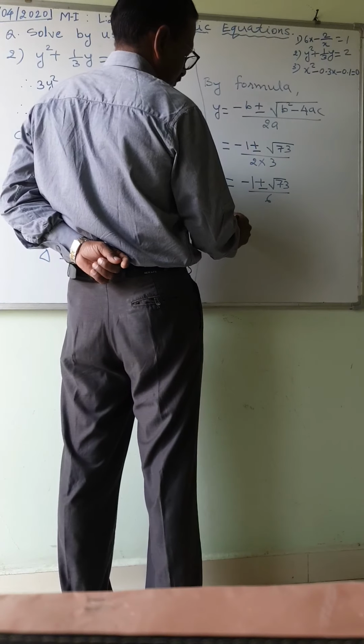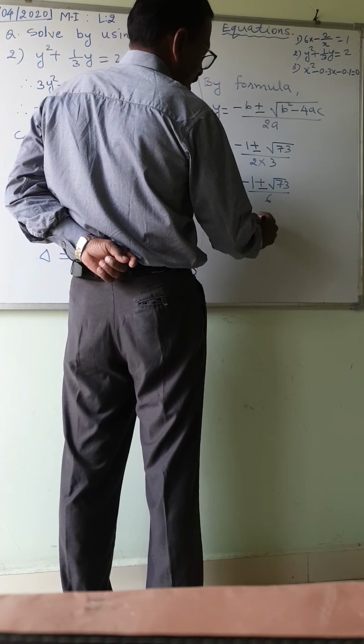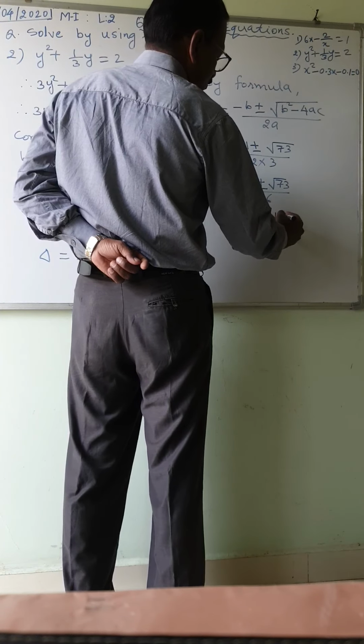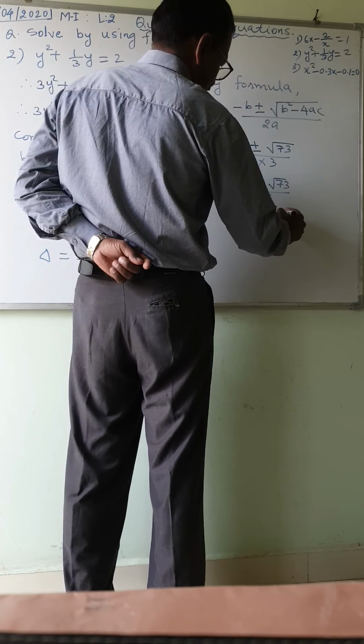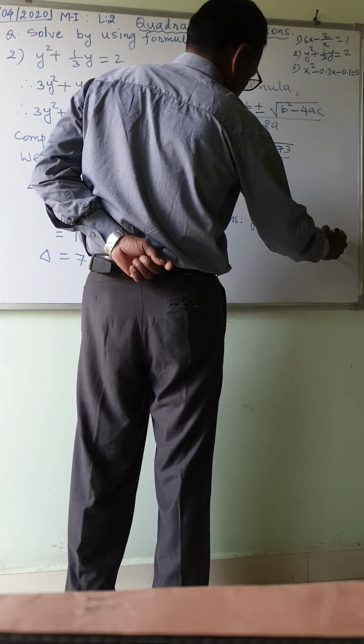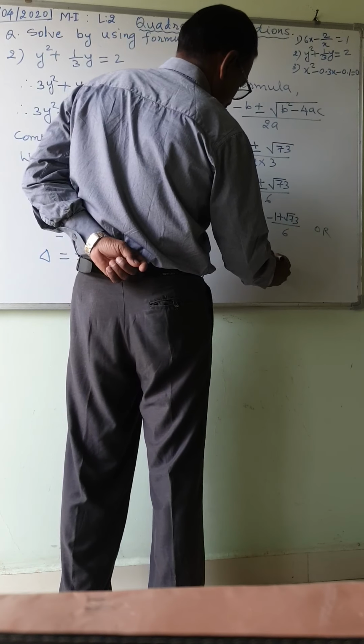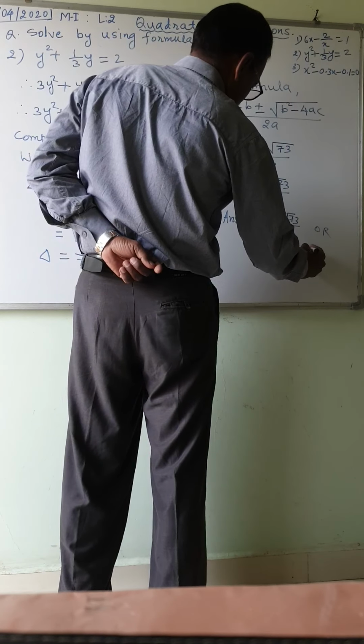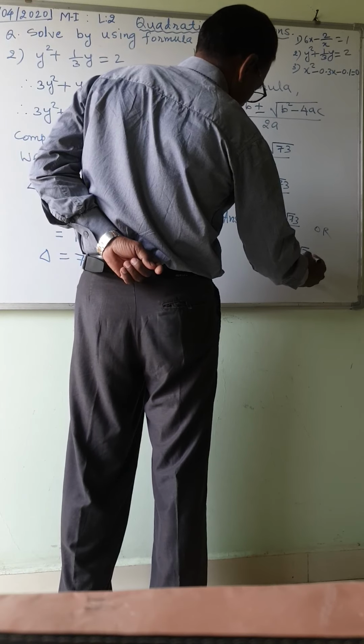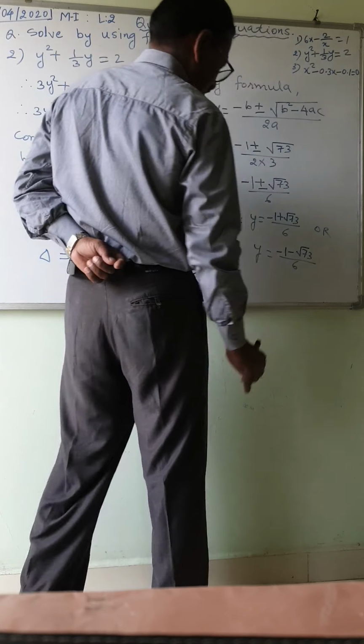Answer: y is equal to minus 1 plus root 73 upon 6, or y is equal to minus 1 minus root 73 upon 6.